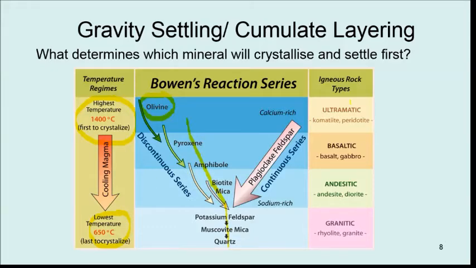Notice as well, the first are ultramafic, the second are basaltic, andesitic, and then granitic. So there's an order of temperature and there's an order of silicity.